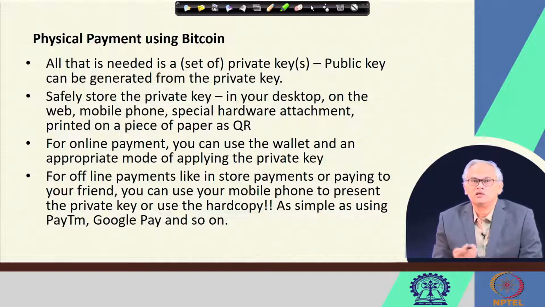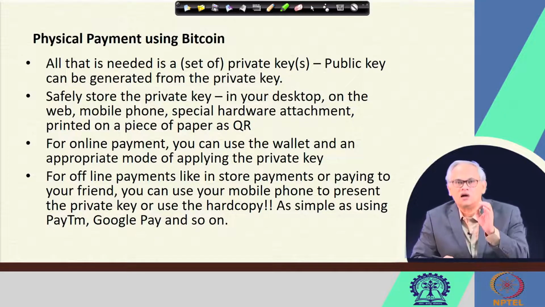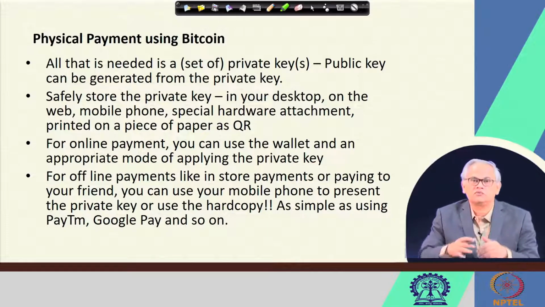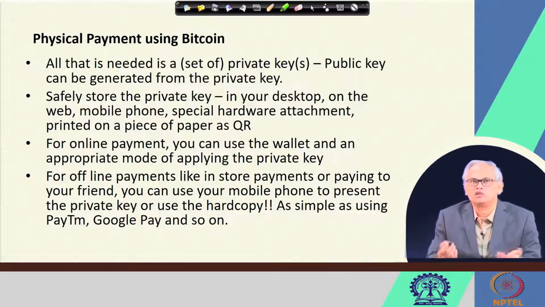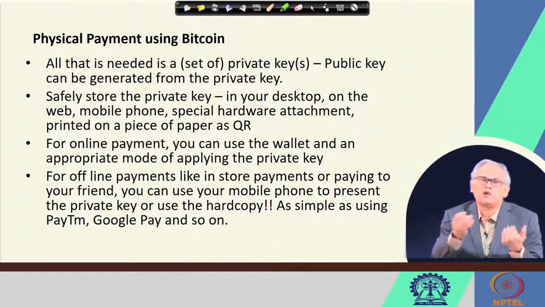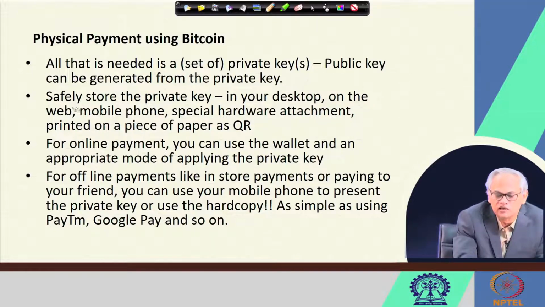So, how can you make a physical payment using Bitcoin? All that is needed is a private key or a set of private keys. If you are using multiple public keys for getting your bitcoins transferred to you, you will have a set of private keys, and you can always generate, as I said, the public keys from the private keys at any point of time. And it is very important that you safely store the private key.